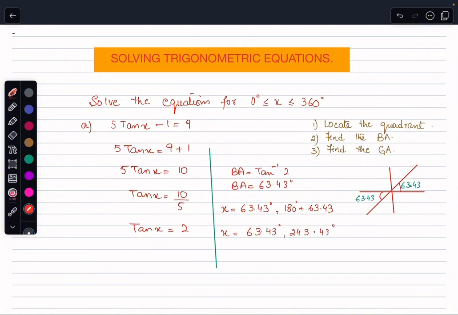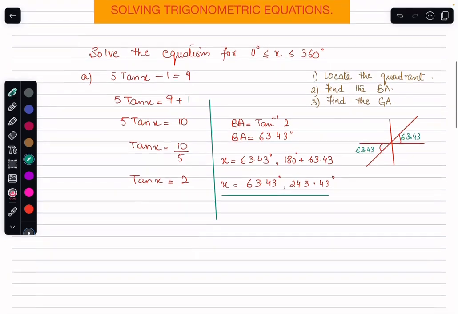So 180 plus 63.43 gives me 243.43 degrees, and this is going to be the solution for all the values of x for tan of x equal to 2 here.